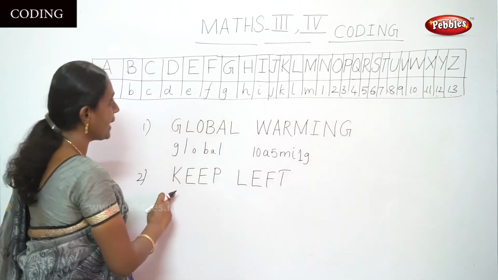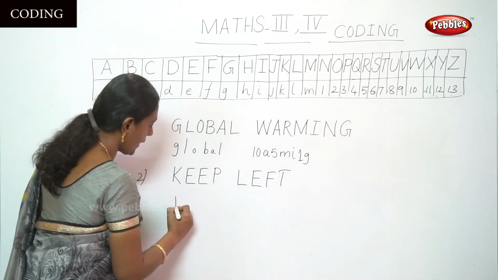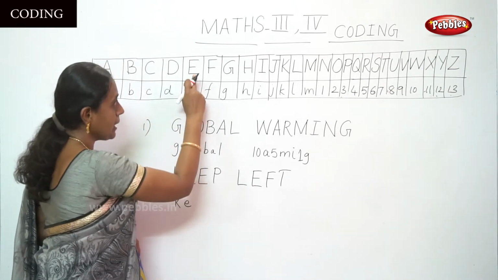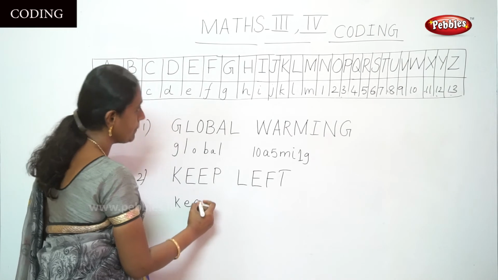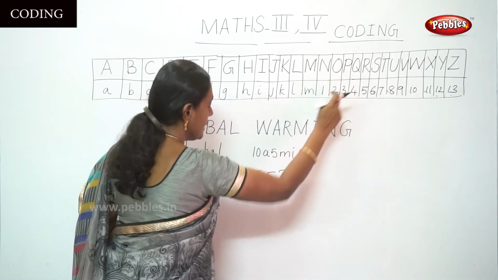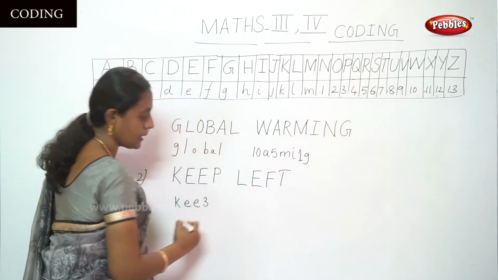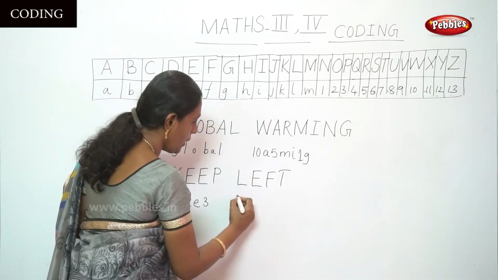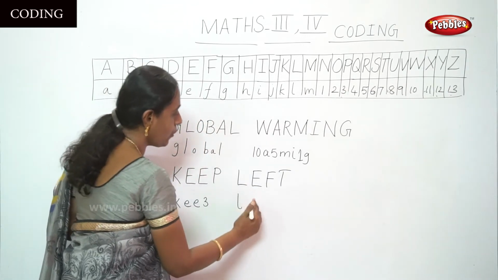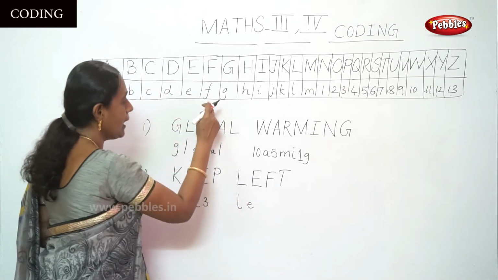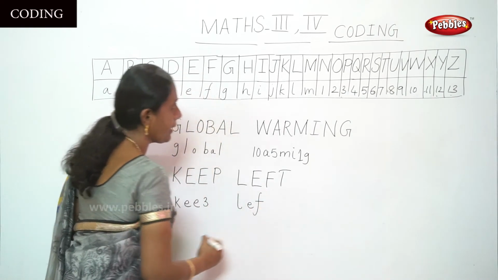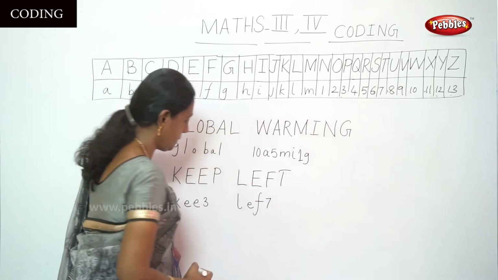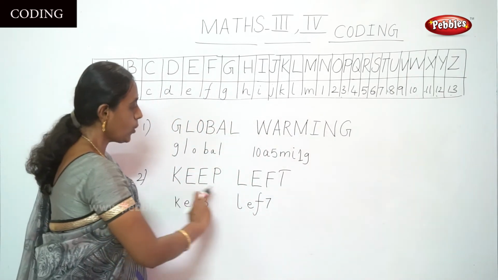For K, small k, and for E, small e, and again E, small e, and for P, the numerical 3. Do you understand this? And for L, small l, and for E, small e, and F, small f, and for T, the number is 7. So this is a coding word.